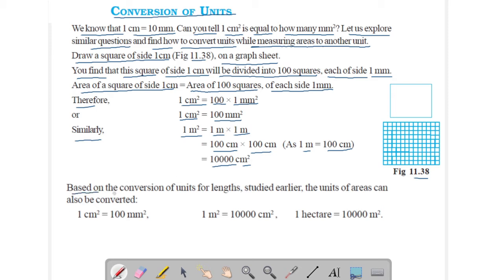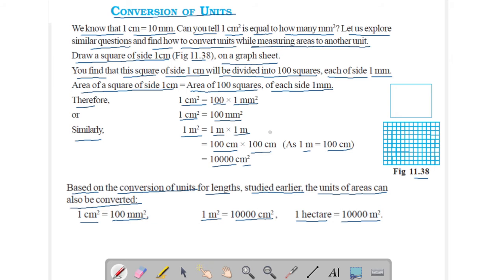Based on the conversion of units for lengths studied earlier, the units of areas can also be converted. Here, 1 centimeter square is equivalent to 100 millimeter square, 1 meter square equals 10,000 centimeters square, and 1 hectare equals 10,000 meters square.